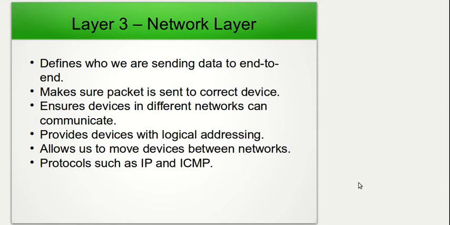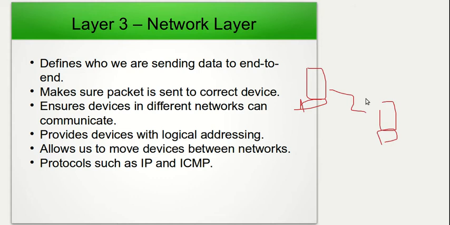The network layer defines how two devices can communicate end to end. So the network layer allows two devices in different networks the ability to communicate. Imagine that these two devices are in different networks. The network layer says that devices in two different networks are able to communicate by using IP. IP defines logical addressing.